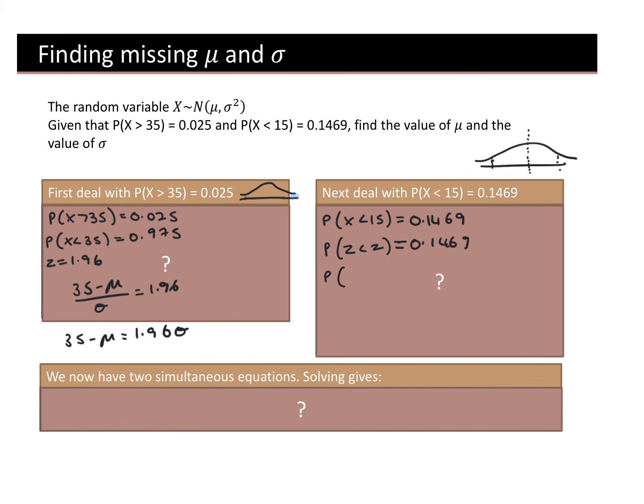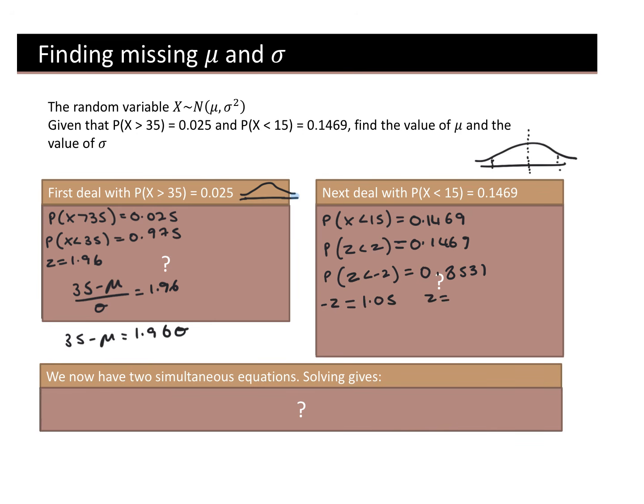So that's the probability of z being less than minus z of 1 minus 0.1469, which is 0.8531. So negative z equals 1.05.